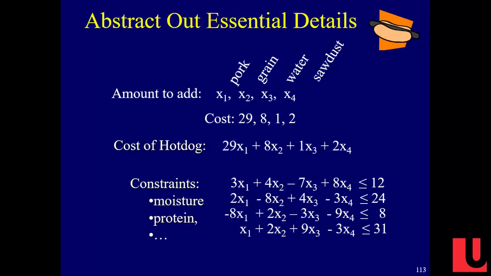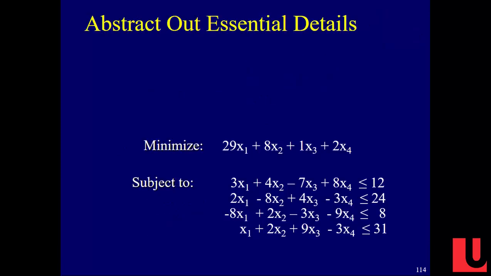So this constraint might be saying how much moisture is there in a gram of pork, and how much moisture is there in a gram of grain, and so forth. Right? So you add up the total amount of moisture, and the moisture can't exceed this. Right? But then you have another one which says it has to be at least something. And if you see, these are all less thans, but if you want a greater than, you just multiply through by negative. All right? Everybody buy that? So these are all the constraints that you have to satisfy, right?